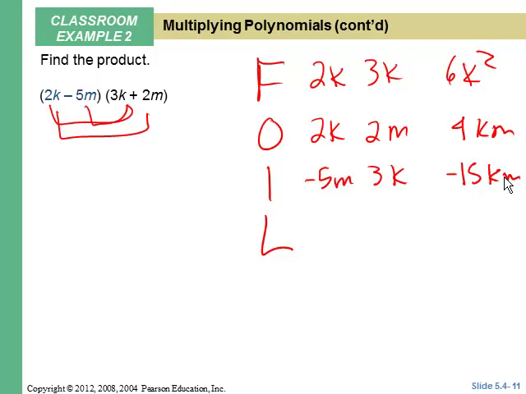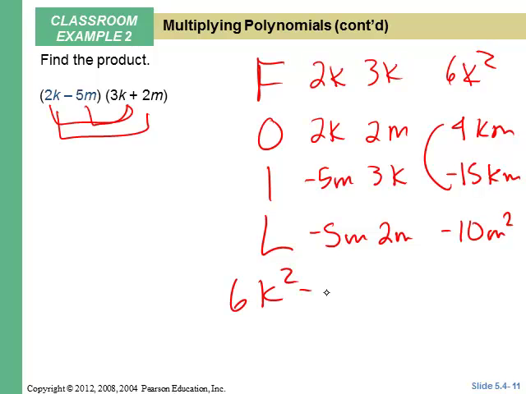I write them in alphabetical order. And then the last is negative 5m times 2m is negative 10m squared. Notice these two are like terms, so we end up with 6k squared minus 9km minus 10m squared.